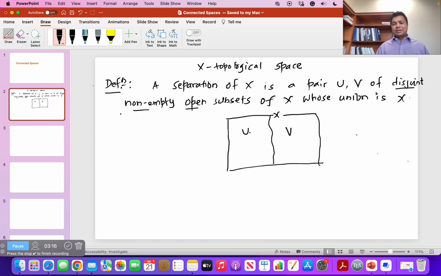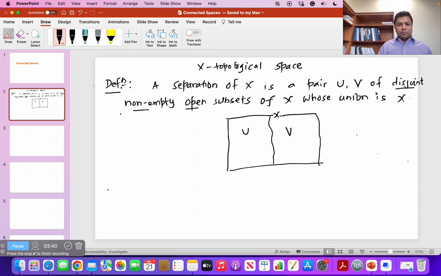That means if we take their intersection, then it's going to be the empty set. So if there exists such a pair of disjoint non-empty open sets in X whose union is X itself, then that pair is called a separation of a topological space X.